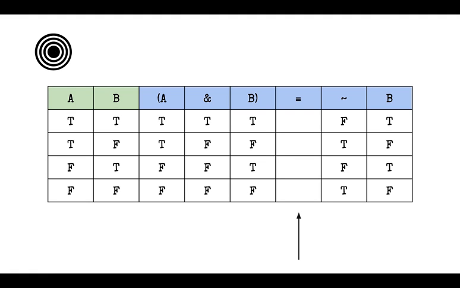So with that information in place, sometimes I recommend that people cross out these columns that you're not supposed to look at right now. It's totally okay to cross these out. Really, the only thing that matters in the end is the final column. So with these distractions out of the way, let's go ahead and calculate the triple bar column. Remember, it's only true when the truth values match.